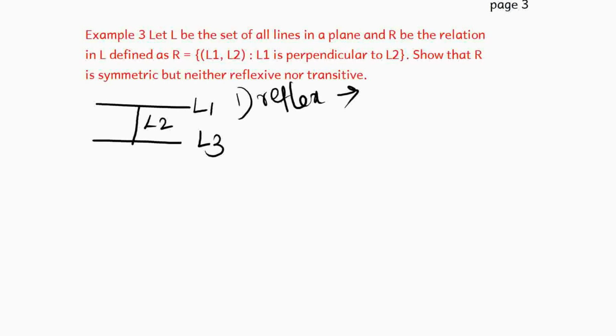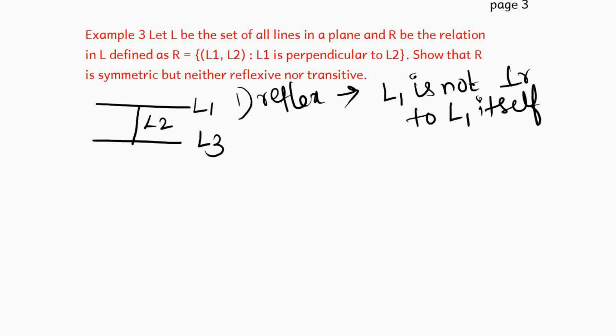The condition given is L1 is perpendicular to L2. If I change this L2 to L1, it should map to the same element. If L1 is perpendicular to L1, this condition will not exist because L1 cannot be perpendicular to itself. So it is not reflexive.